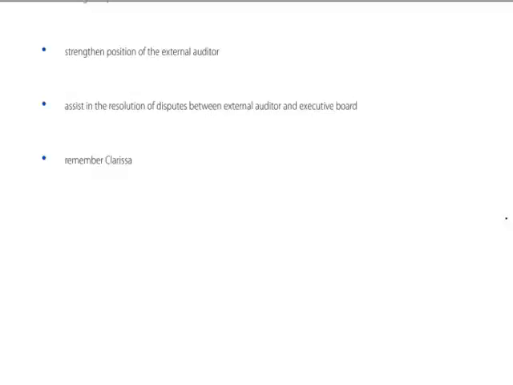A. Authorization. P. Physical. S. Supervision. Think of Superman. He had supervision, didn't he? P. Personnel. A. Arithmetic and accounting. S. Segregation. M. Management. Okay. What was the other one?